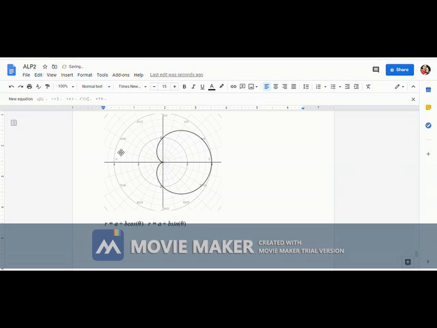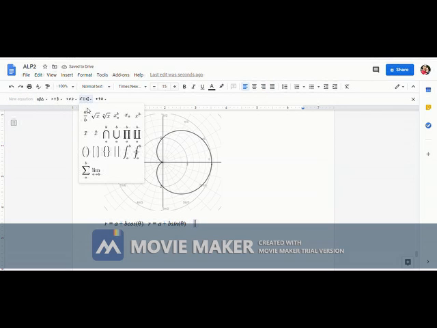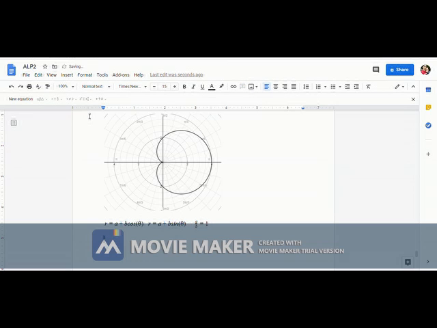Oh, and another thing about cardioids is that a over b equals 1. Or a equals b, it's the same thing. So we know that a and b are going to be the same number, and when cosine theta is at its largest, just cosine theta, not b cosine theta, it's going to equal 1. At its smallest, it's going to equal -1, but at its largest, it's going to equal 1.